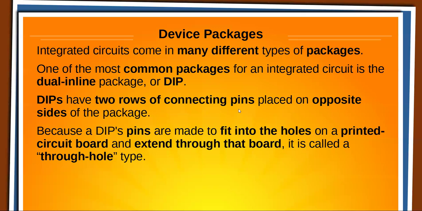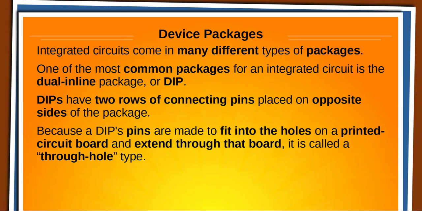Okay, we'll talk about packages. Integrated circuits started off in what we call DIPs or dual inline packages, where they had two rows of pins and they were anywhere from a 4-pin up to 40 or 60 something pins.